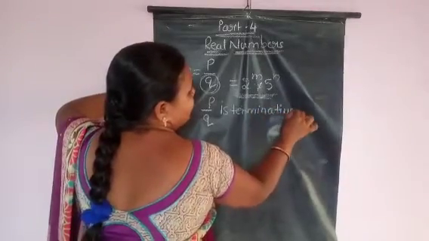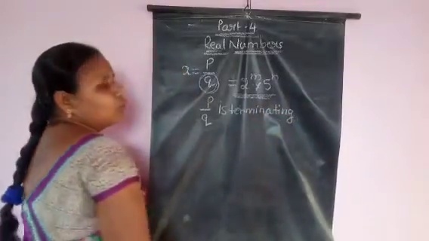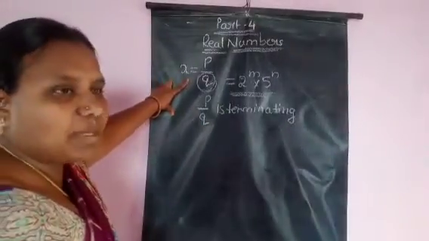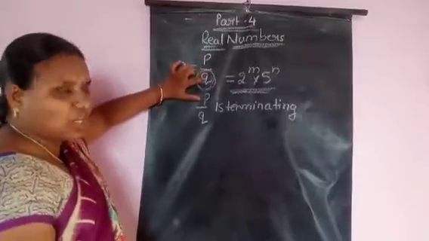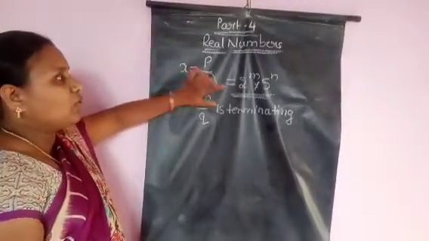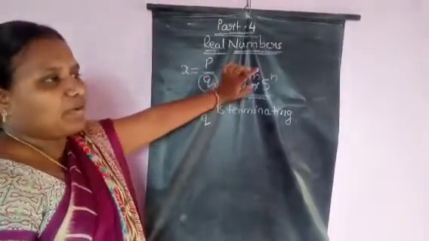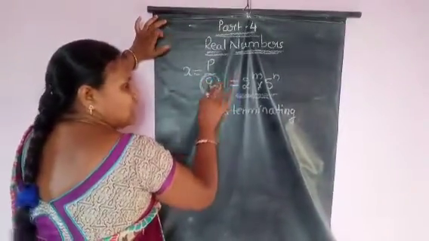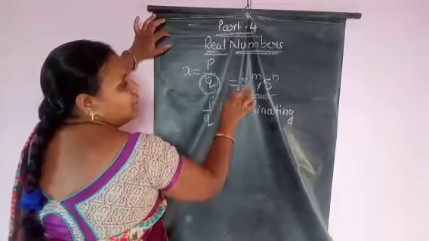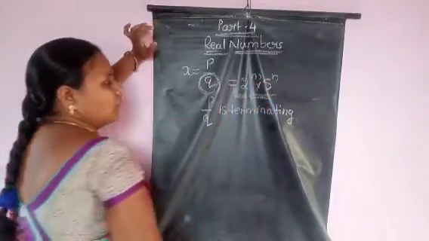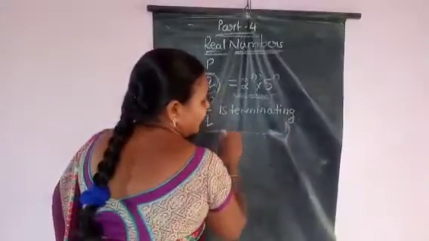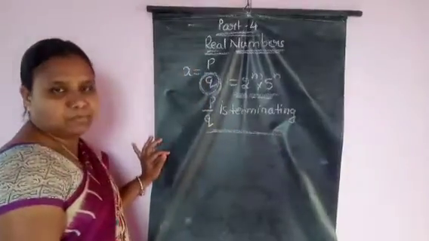This is our theorem 1.4. If x is a rational number, that means it is of the form p by q, and when we write the factorization of the denominator, if it is of the form 2 to the power of n into 5 to the power of m, then p by q has a terminating decimal expansion.